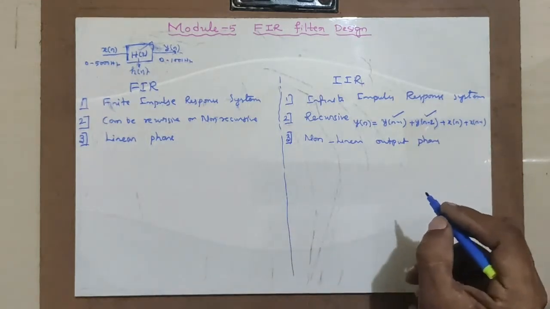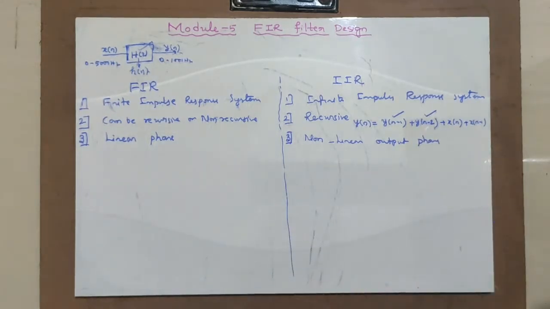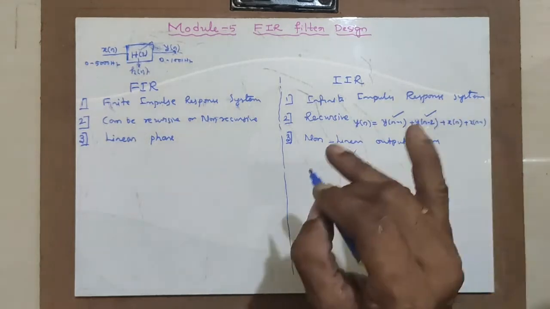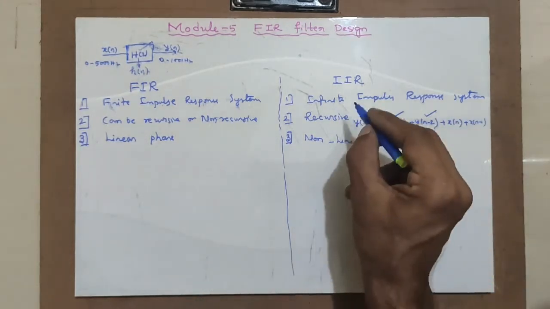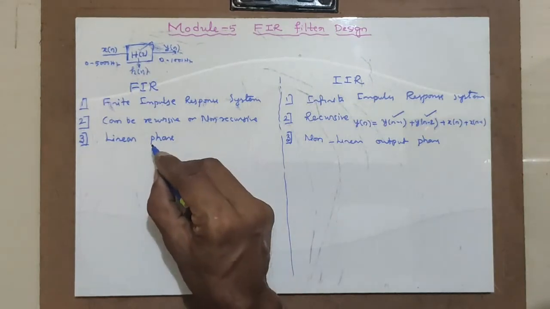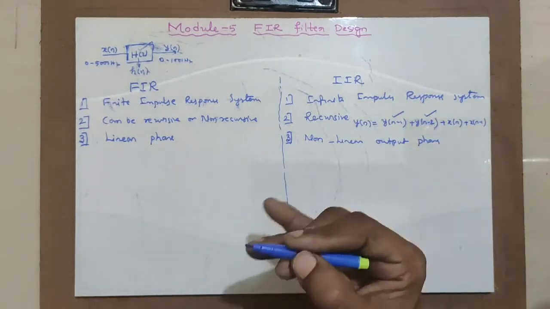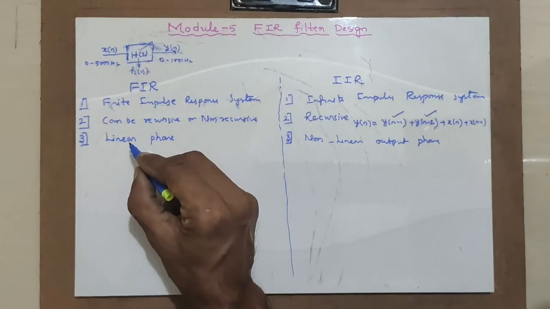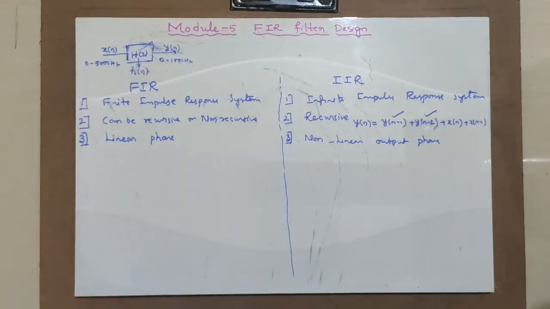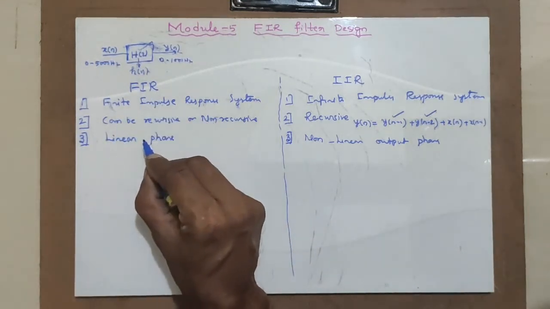The phase between input and output is non-linear in case of IIR, whereas it is linear in FIR. Later, in the numerical examples, you will understand. Presently, take it that FIR systems are linear phase systems.